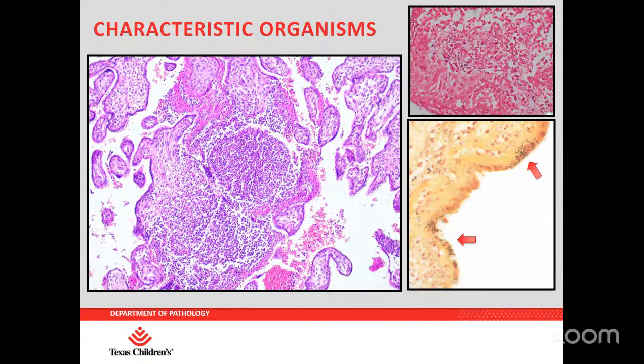These can sometimes be confirmed by immunohistochemistry if needed. And when it comes to Listeria, this listerial pattern, as demonstrated in the H&E image on the left, of microabscesses surrounded by inflamed villi, can be a really useful diagnostic clue.